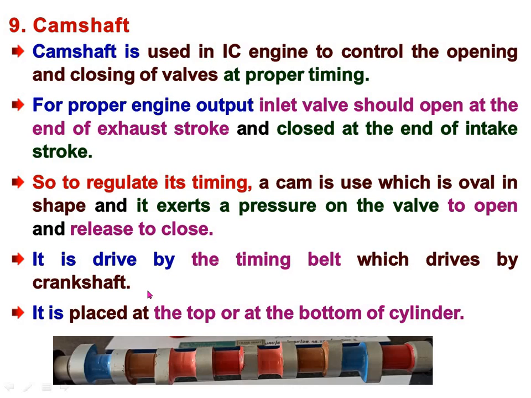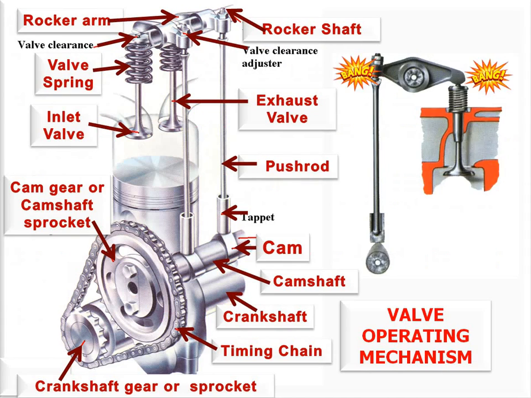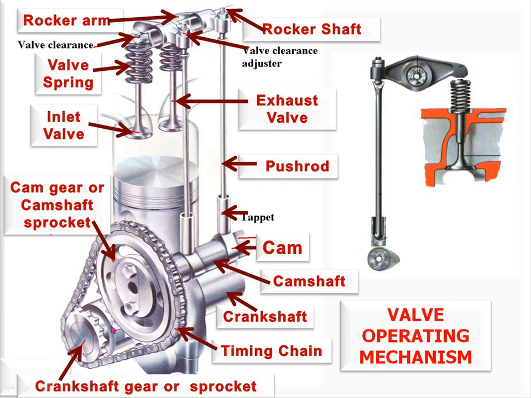To drive the camshaft, there is an arrangement of timing belt, which takes power from the crankshaft and rotates the camshaft. It is placed either at the top of the cylinder or at the bottom of the cylinder. Here, this is our crankshaft gear or sprocket.